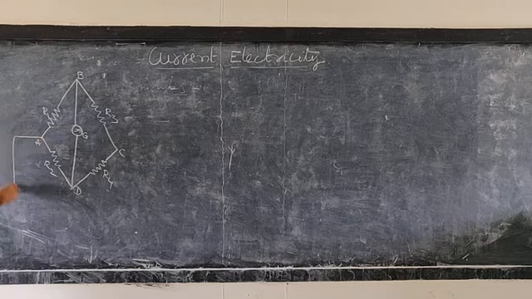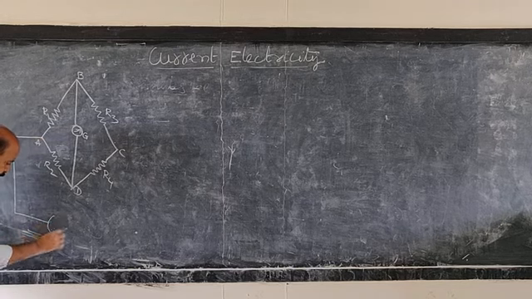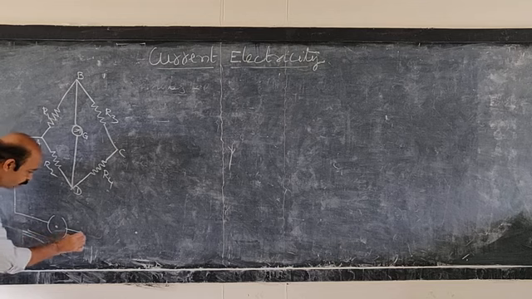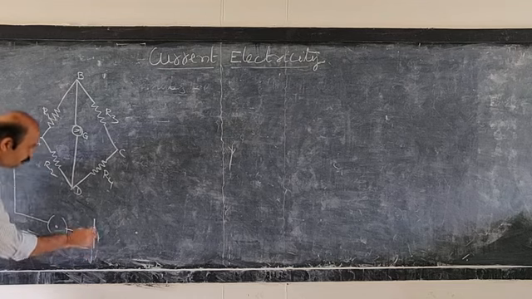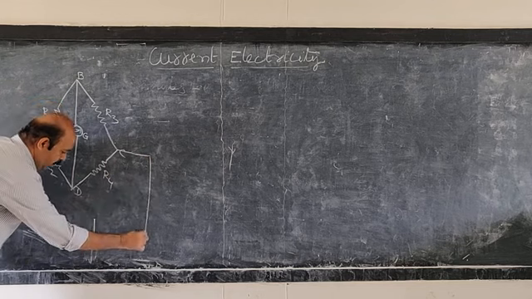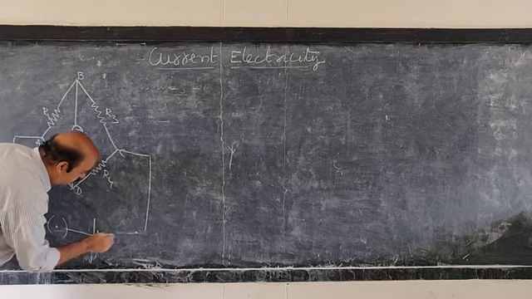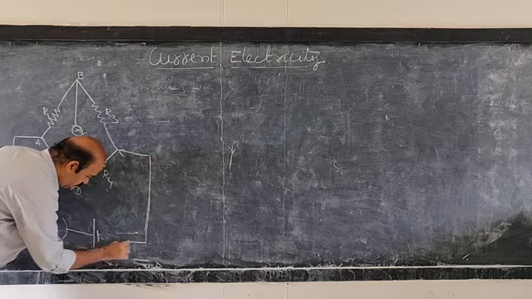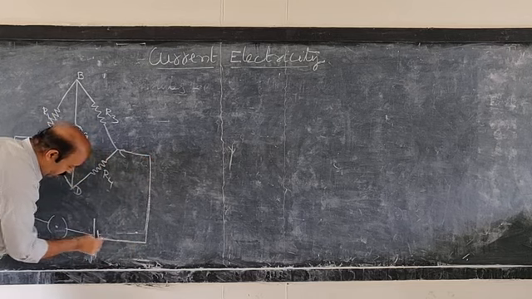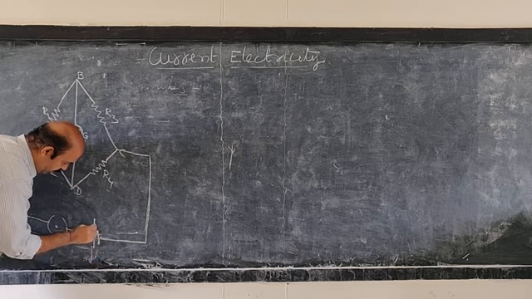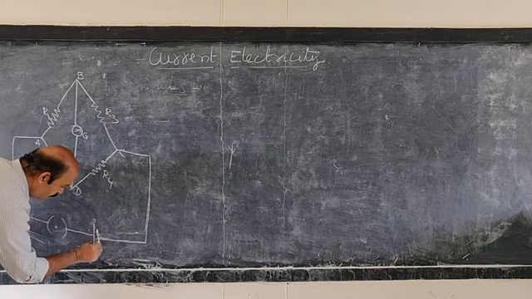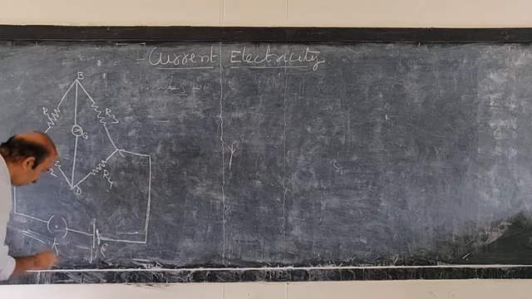So let us suppose here is a key, and this is the positive terminal. So this is the battery, say of EMF E. This is the key.